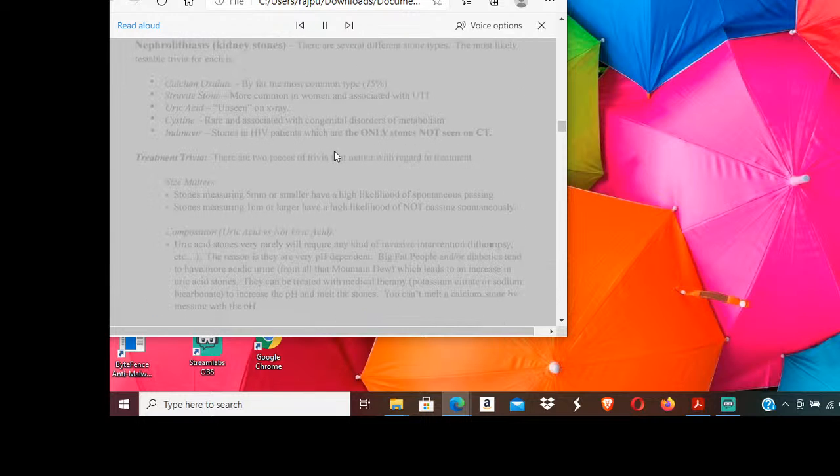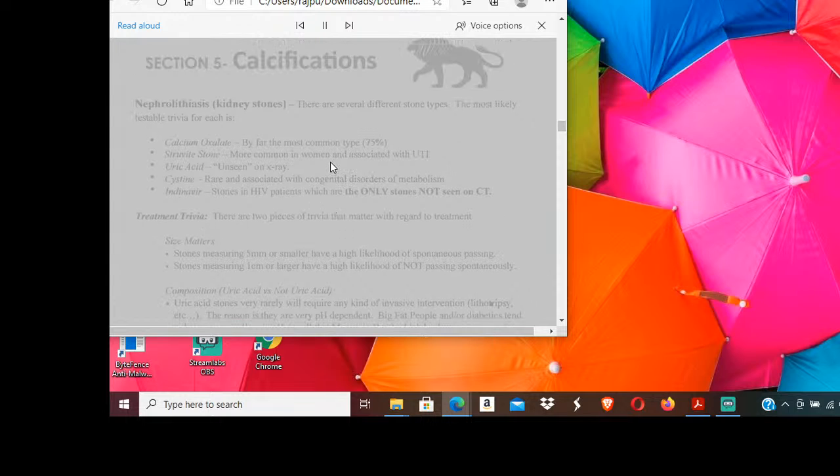Calcifications. Nephrolithiasis, kidney stone.